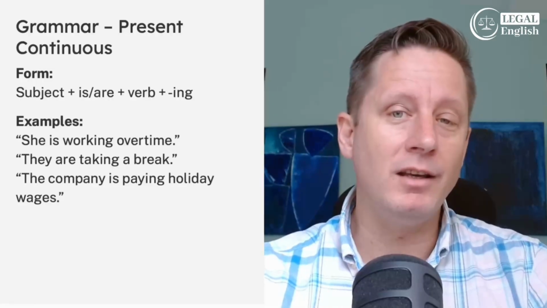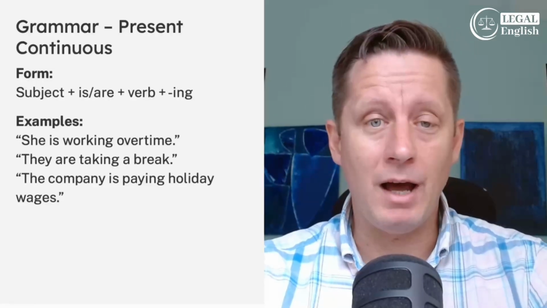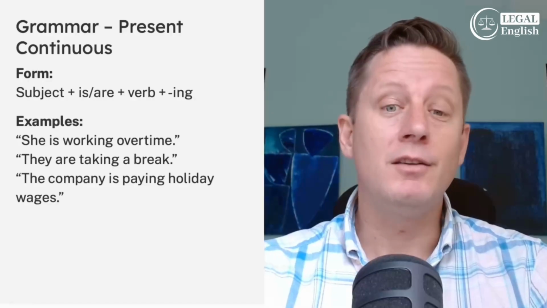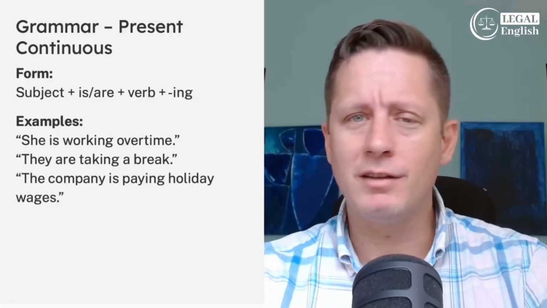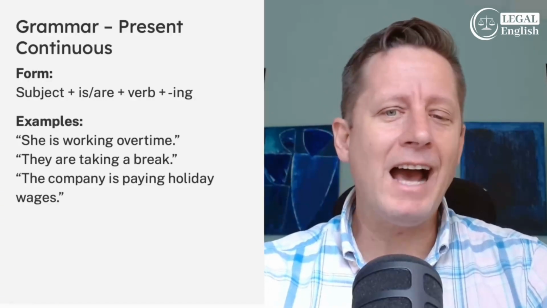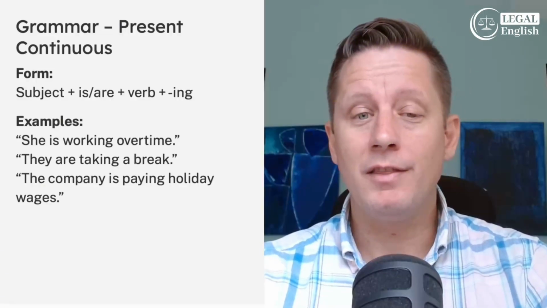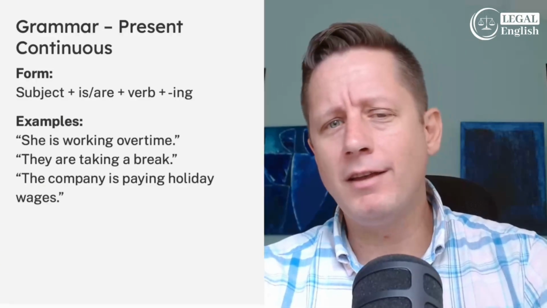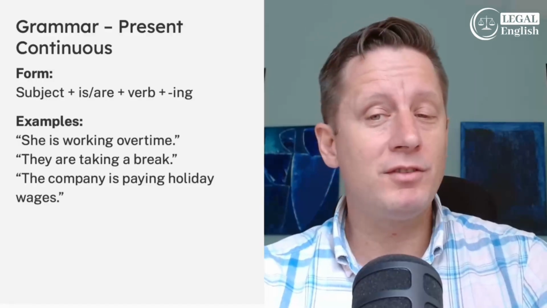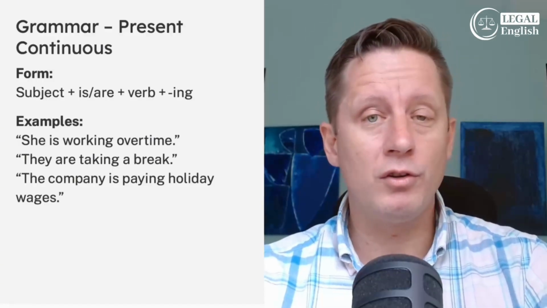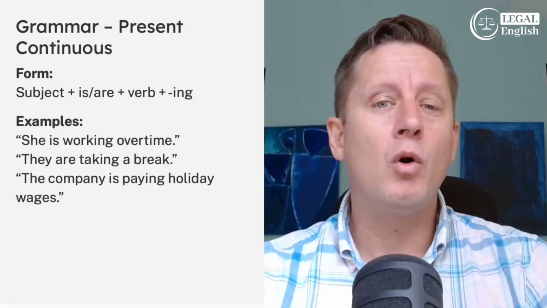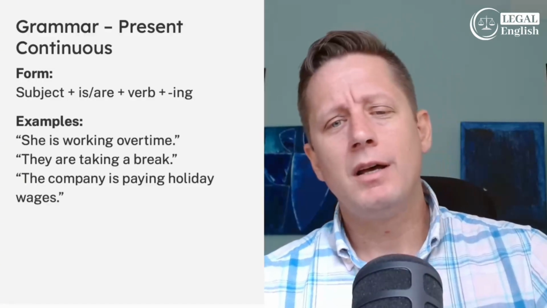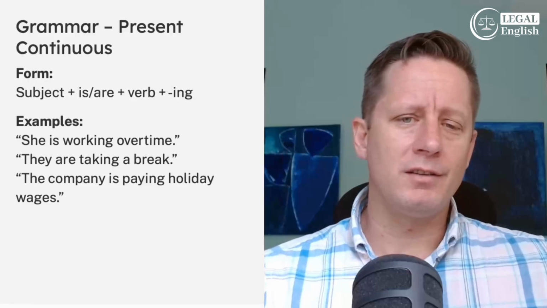They are taking a break right now during work hours. The company is paying holiday wages this month, an action happening during this period. In employment law, the present continuous helps us describe what workers are doing at the moment or what is happening with their pay and hours. Imagine a lawyer visits a factory.